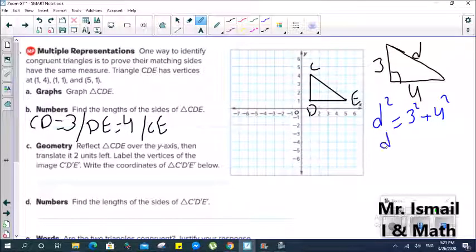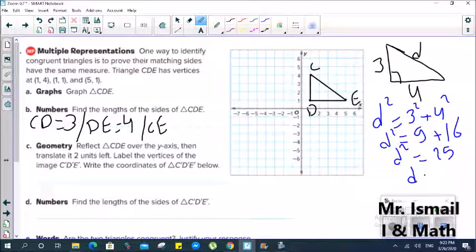D power 2 equals 9 plus 16. D power 2 equals 25, which gives you D equals, take the square root, 5. So CE equals 5 units.